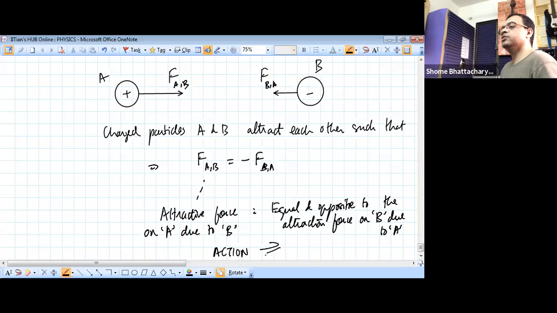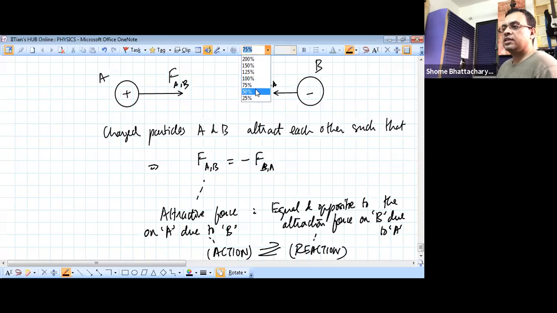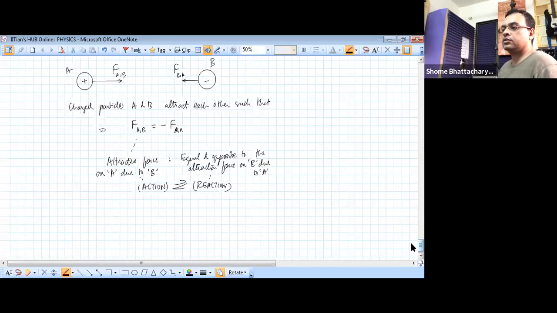It is equal and opposite to the reaction. That's another example of action-reaction force.